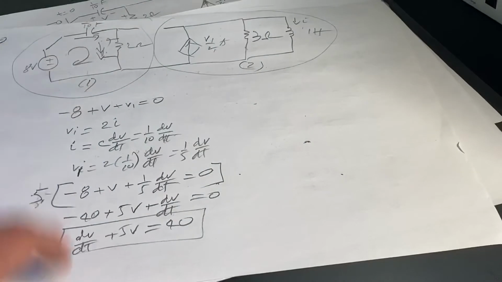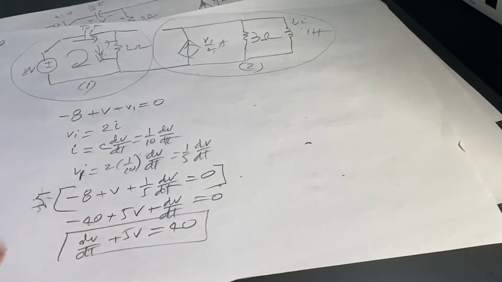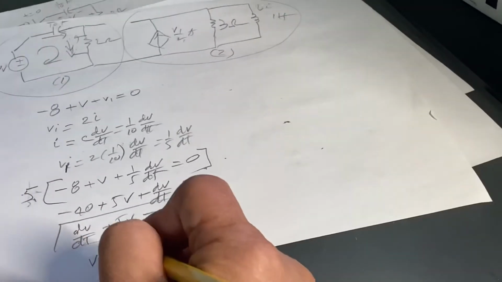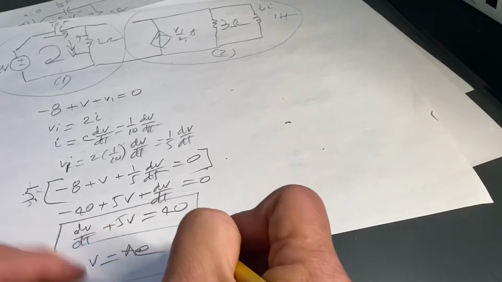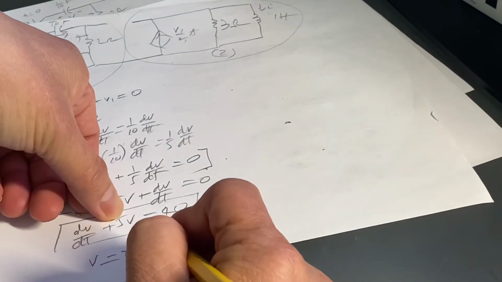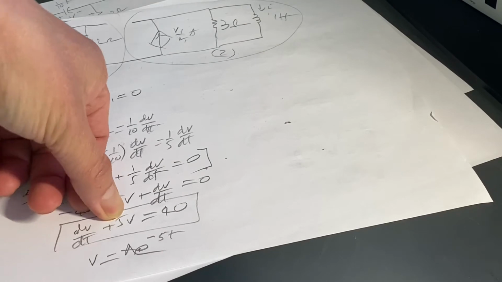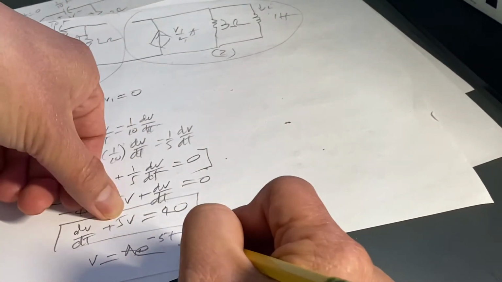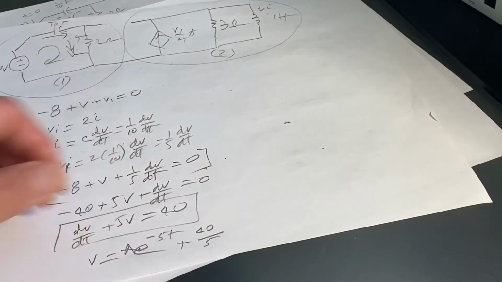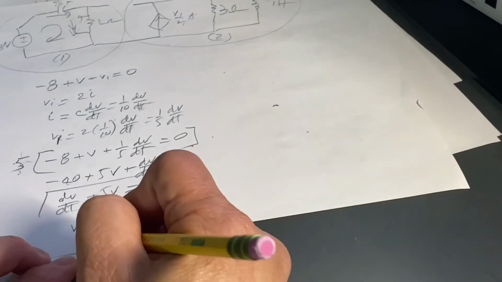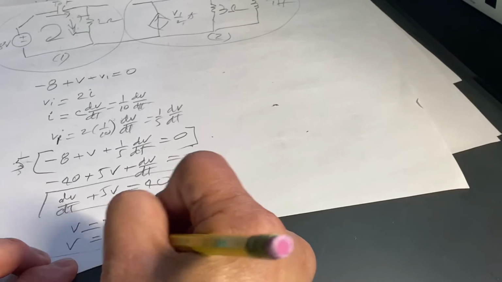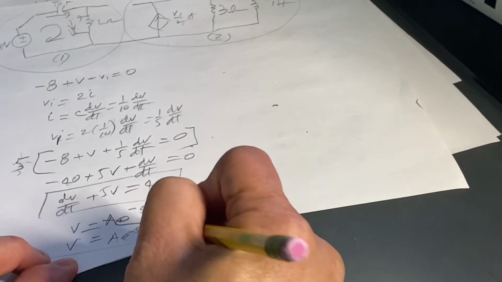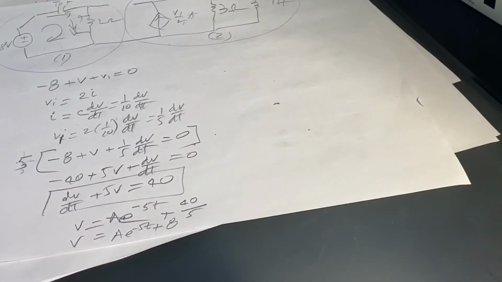Solve this differential equation. I got V equal A e^(-5t) plus 40 divided by 5, so V equal A e^(-5t) plus 8.